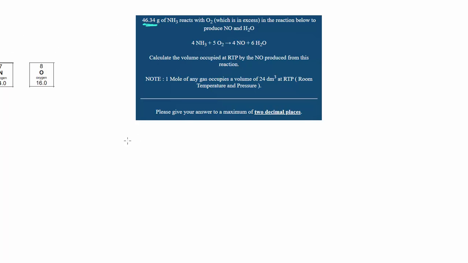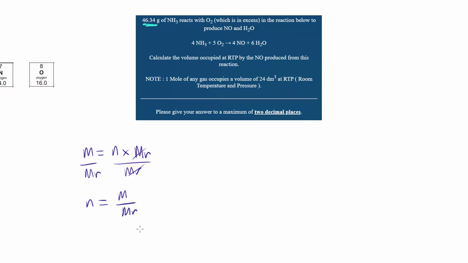So the equation I'm going to be using is that the mass is equal to the number of moles multiplied by the molar mass, MR. When we divide both sides by the MR, this would cancel, and we get the equation that the number of moles is equal to the mass divided by the molar mass.